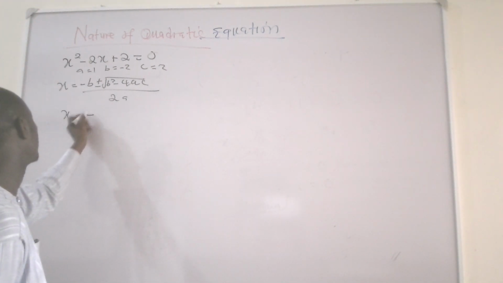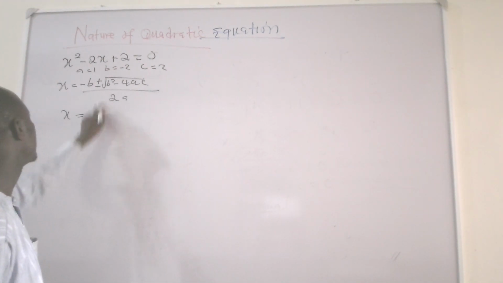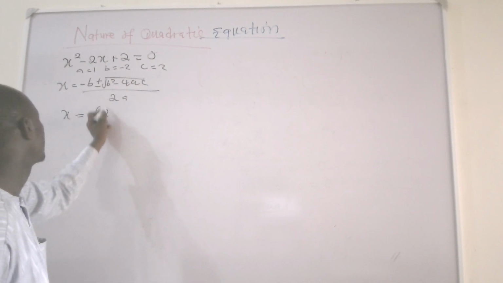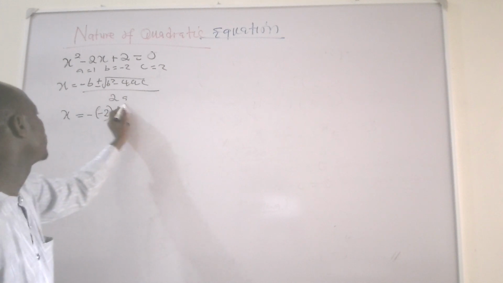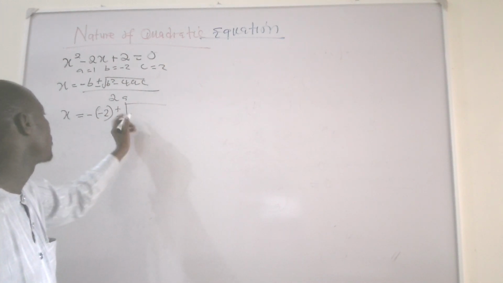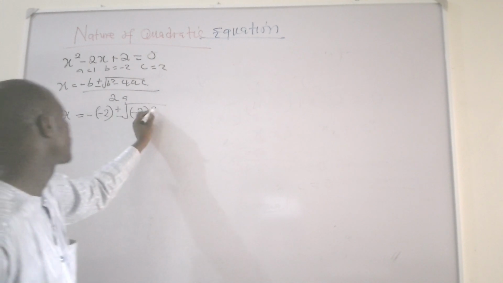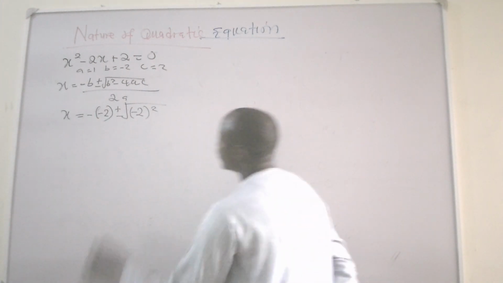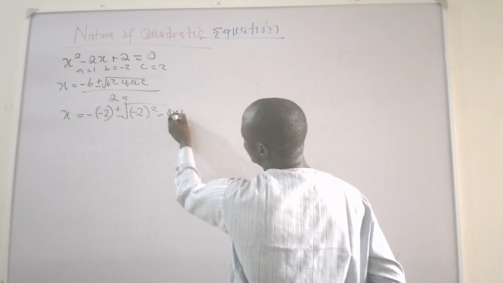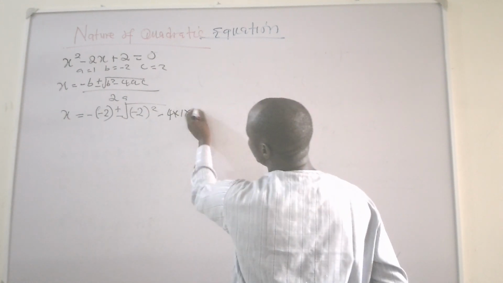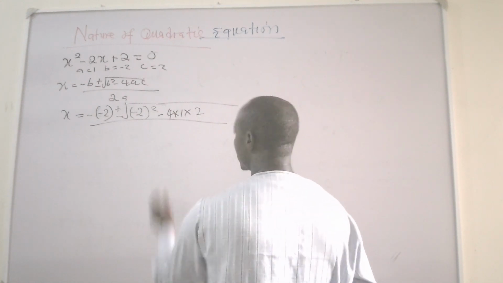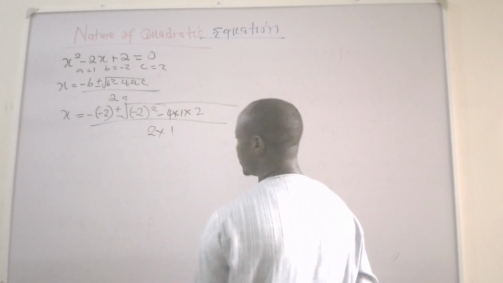We have x is equal to minus b, so minus minus 2, plus or minus the square root of minus 2 squared minus 4 times 1 times c, which is 2, then divided by 2 times 1.